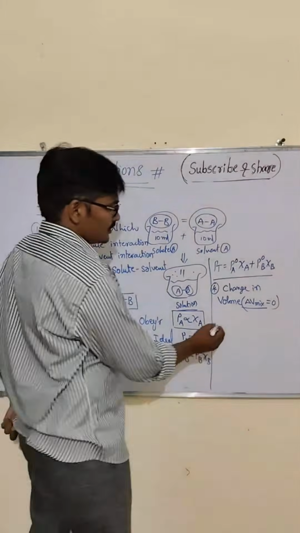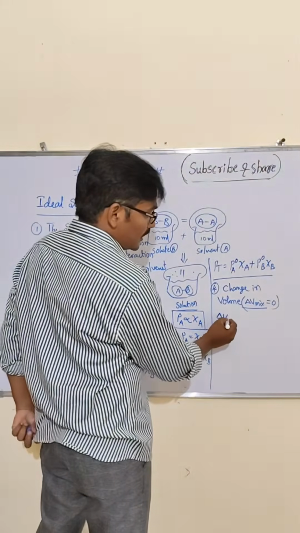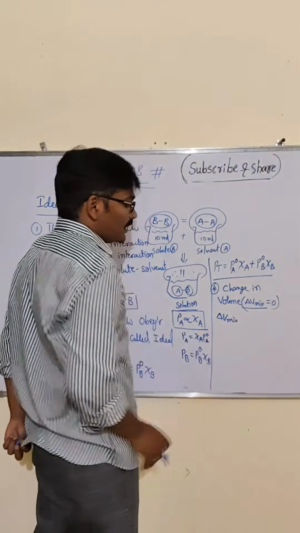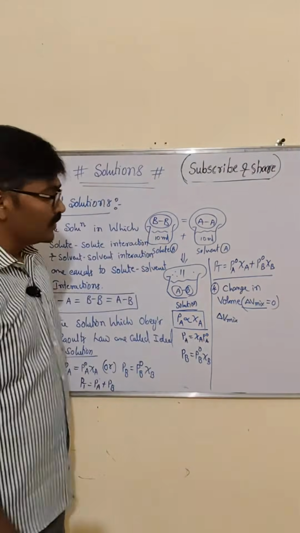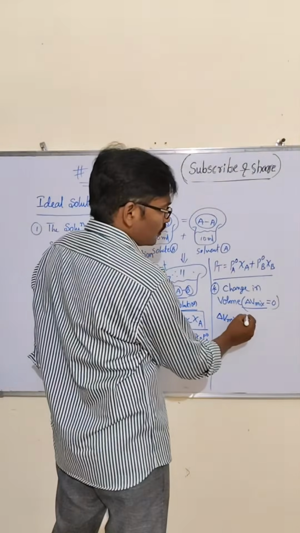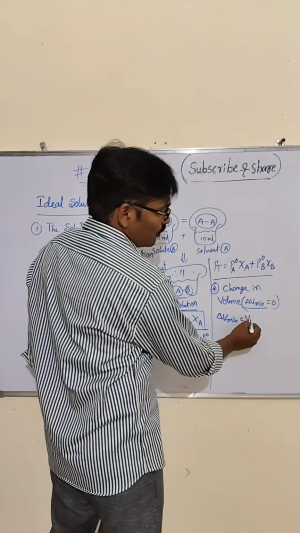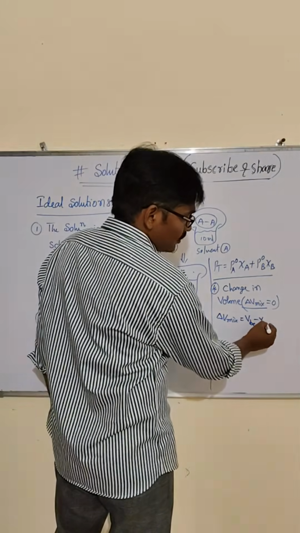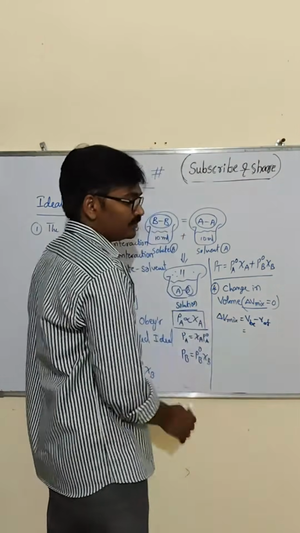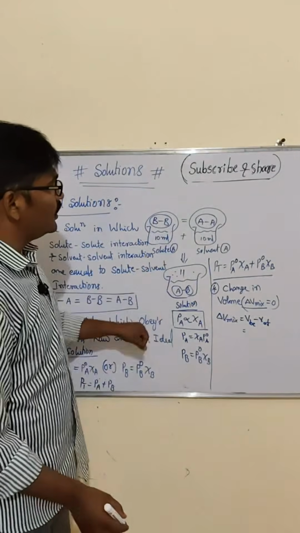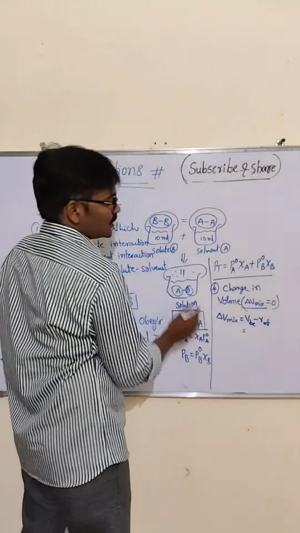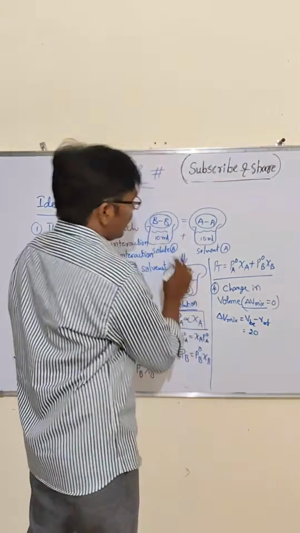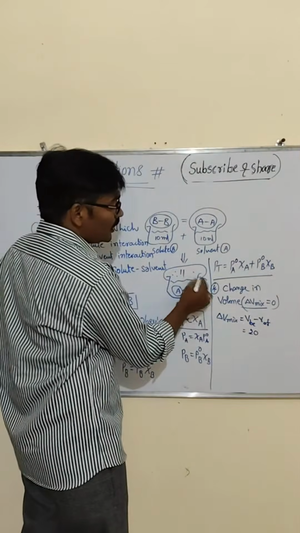For example, how can you calculate delta V mixing? Compare the volume before and after. Before adding, 10 plus 10 is 20.